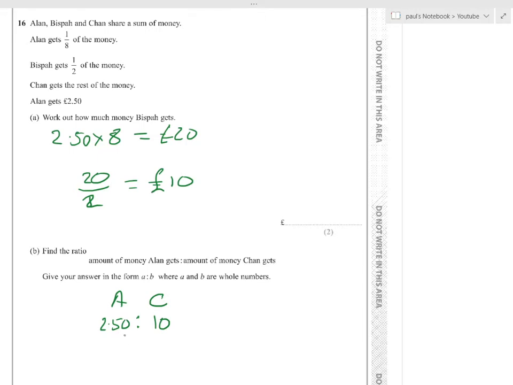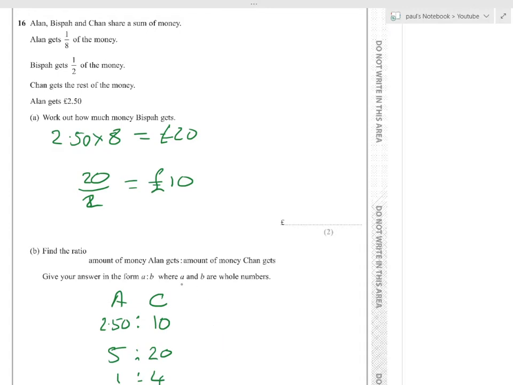I'm just thinking. 5 to 20, I divide by 5, is 1 to 4, but I don't think that's quite right.